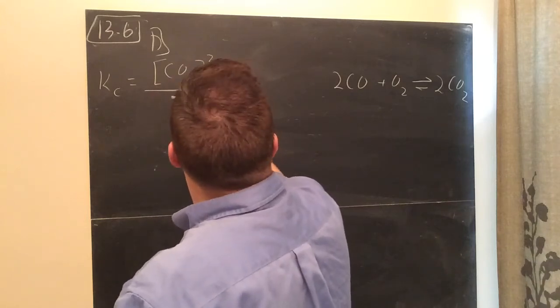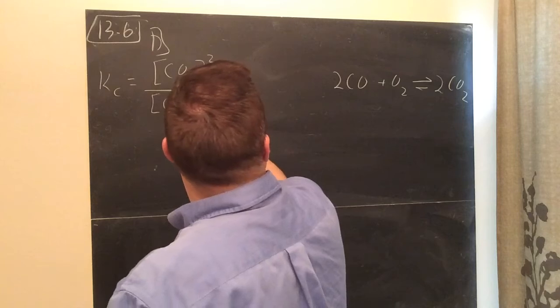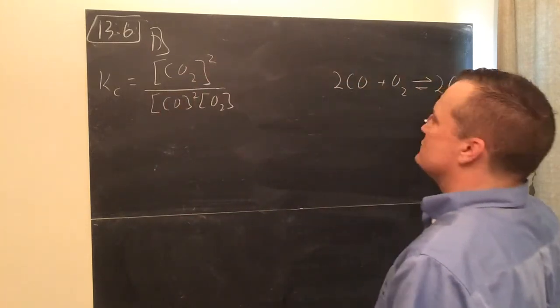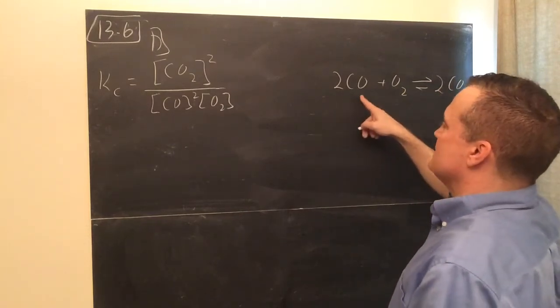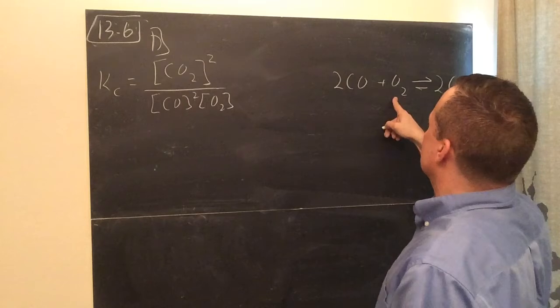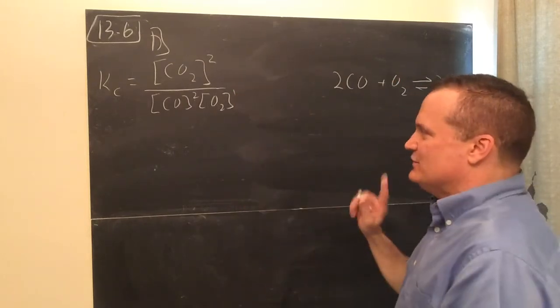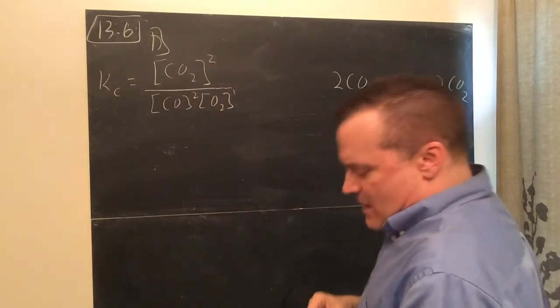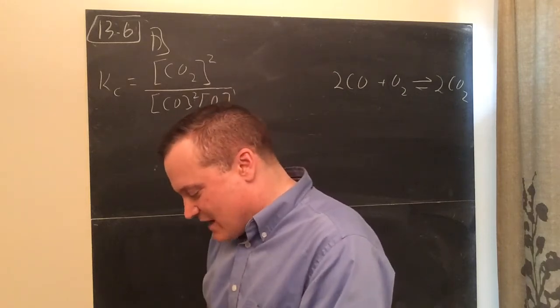And on the bottom you have CO squared times O2. That's going to be your K expression. CO2 squared, these are all gases, CO squared and then O to the first power. You don't even have to put the 1 there, but sometimes I do just to make sure I didn't leave a number out. Now, this is good because it has a little bit of stoichiometry.